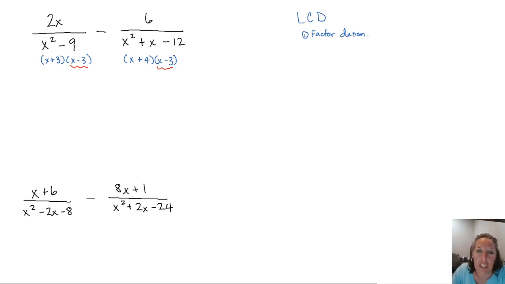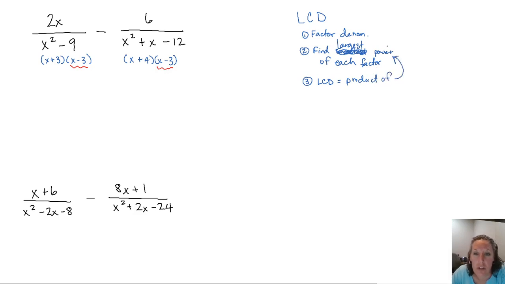So the different factors that I see, we want to find the largest power of each factor that appears. And that, when we multiply it together, is going to be the product of each of those factors.